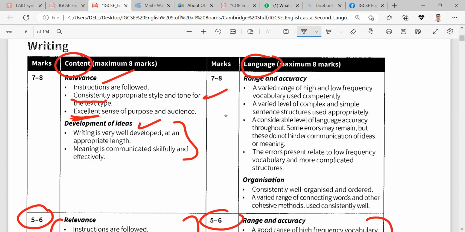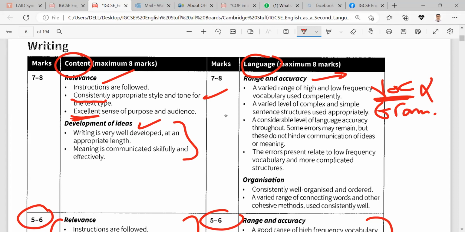In terms of language, Khalid, you need to check the range and accuracy of your vocabulary and your grammar. For vocabulary, you need to use different vocabulary for the same word. For example, don't say nice trip, nice meal. You should use different vocabulary that have the same meaning.